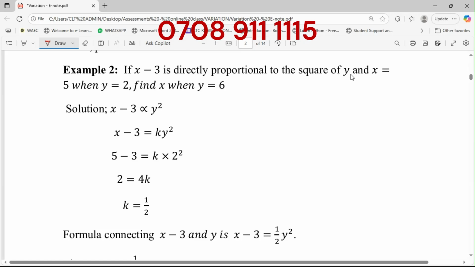This spells out the relationship between x and y. So x minus 3, it says, is directly proportional to the square of y. So that is y squared.